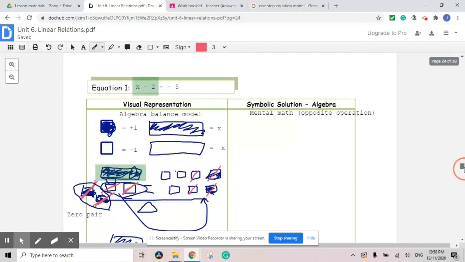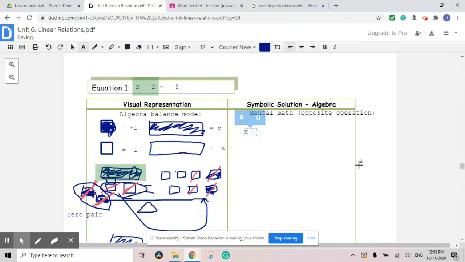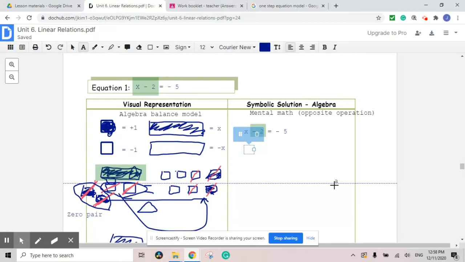If I use the mental math method, ladies and gentlemen, then I'm going to put that over here. I want you to start with the number that you have, x minus 2 that is equal to minus 5. One thing that I'm going to focus on if you're doing mental math is this portion, minus 2, because I am going to use opposite operation. Opposite of negative 2 means positive 2.